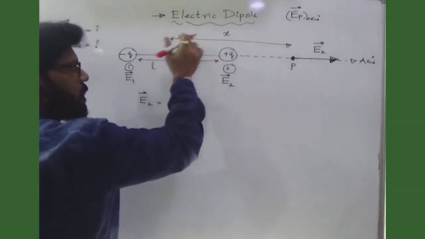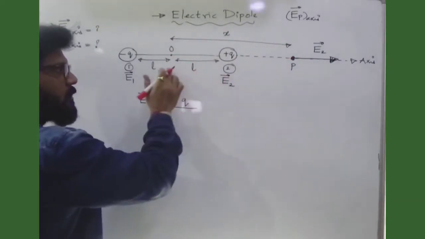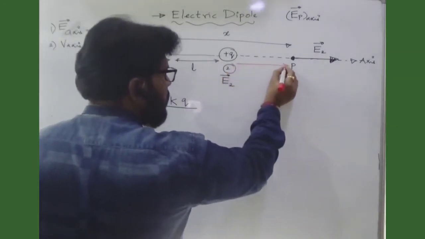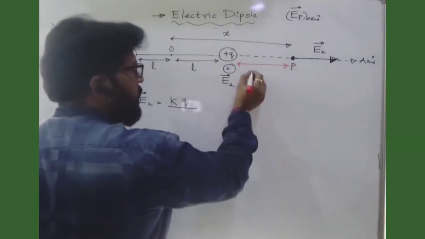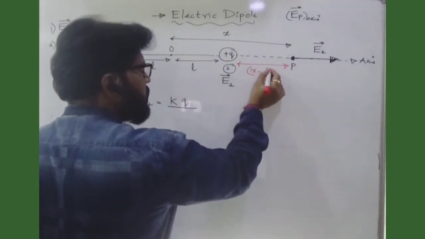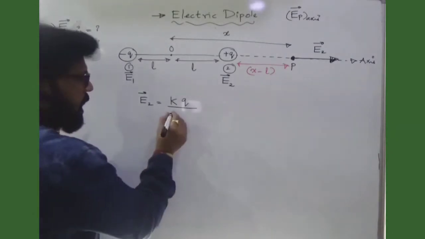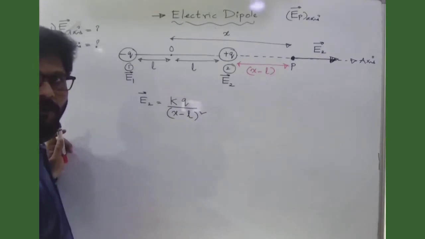P to O is x. Second charge to O is L. So the distance is x minus L, right? Hope it is clear. So I'll write now x minus L whole square.